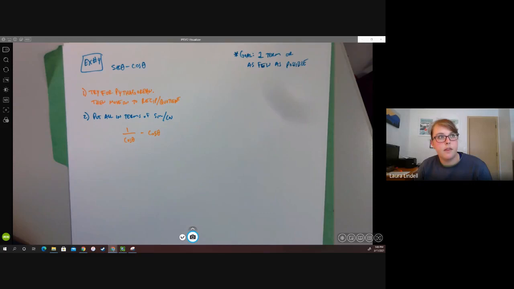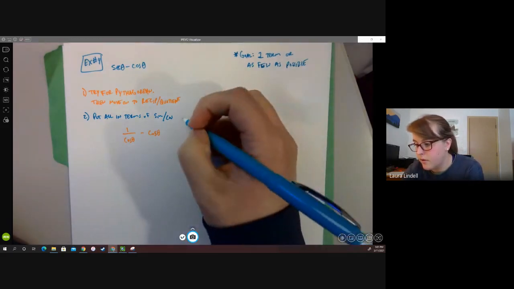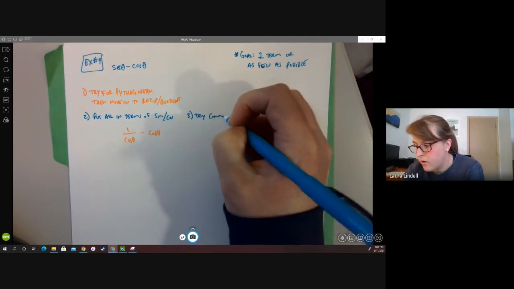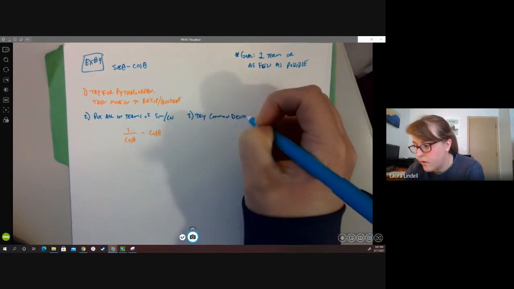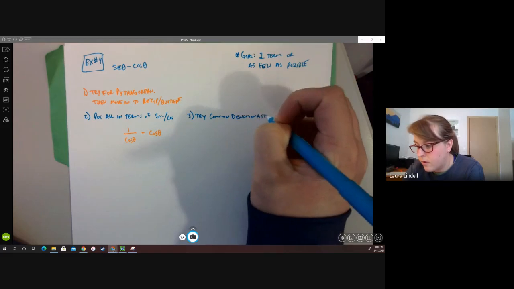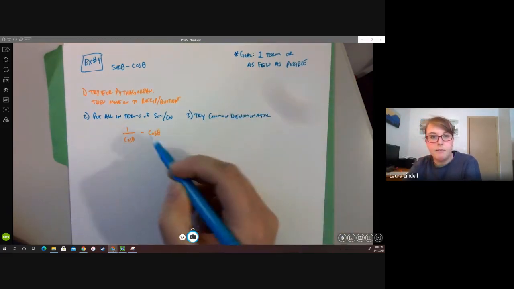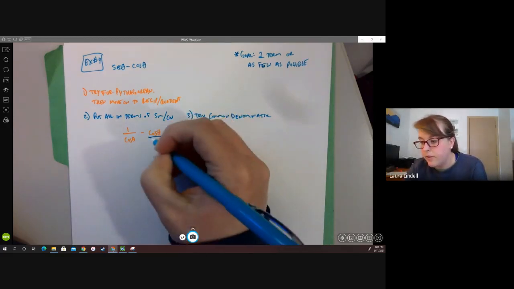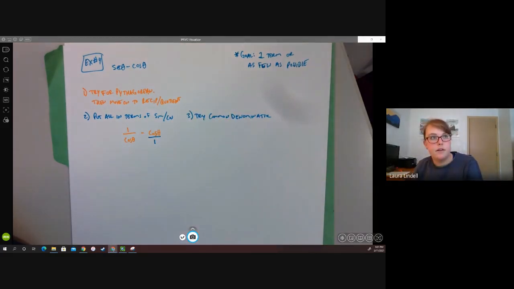Okay. At this point, since we're trying to put things in as few terms as possible, I might try making a common denominator. So to get a common denominator, this thing has a denominator of cosine. This thing has a denominator of 1.